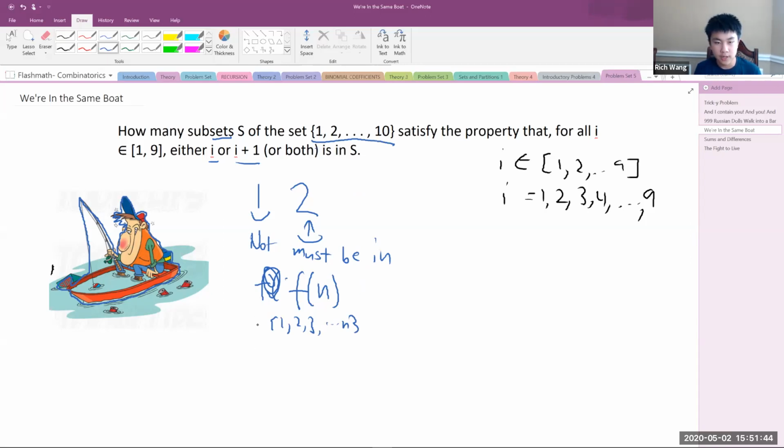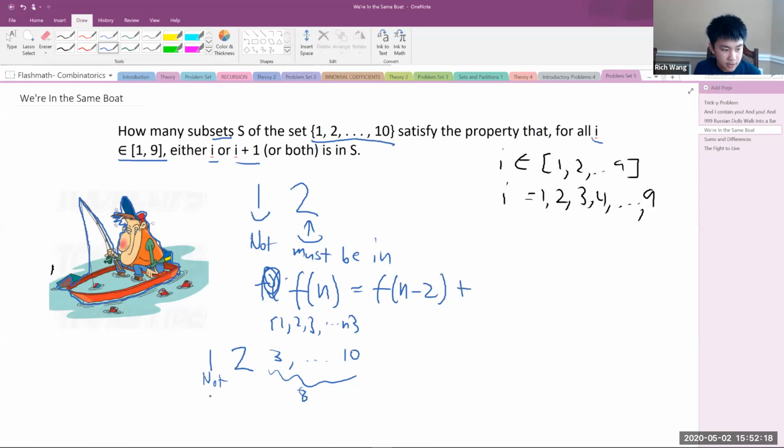First, if element 1 is not inside of S, then we know that element 2 must be in S. So from here, we have the rest of the elements, which are just elements 3 through 10, and we want to find the number of ways to do this, still satisfying this property. Since there are 8 total elements in here, this is just equal to f of n minus 2.